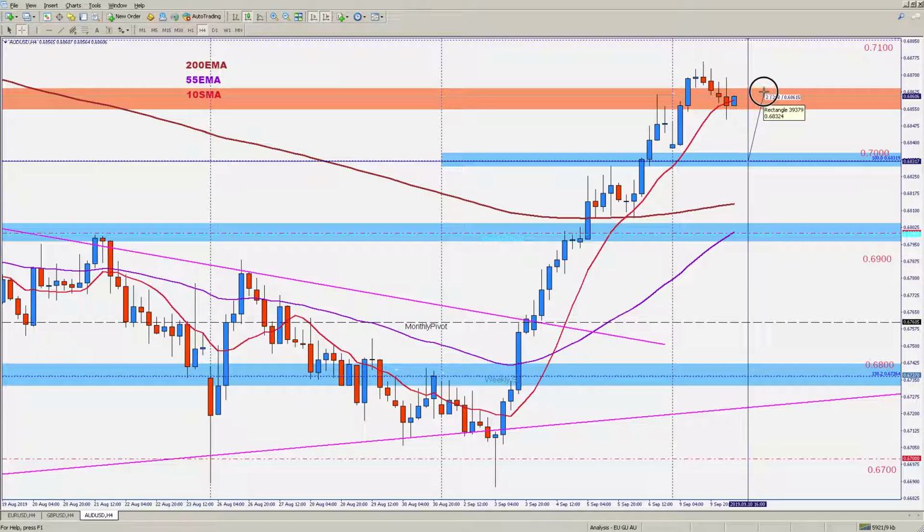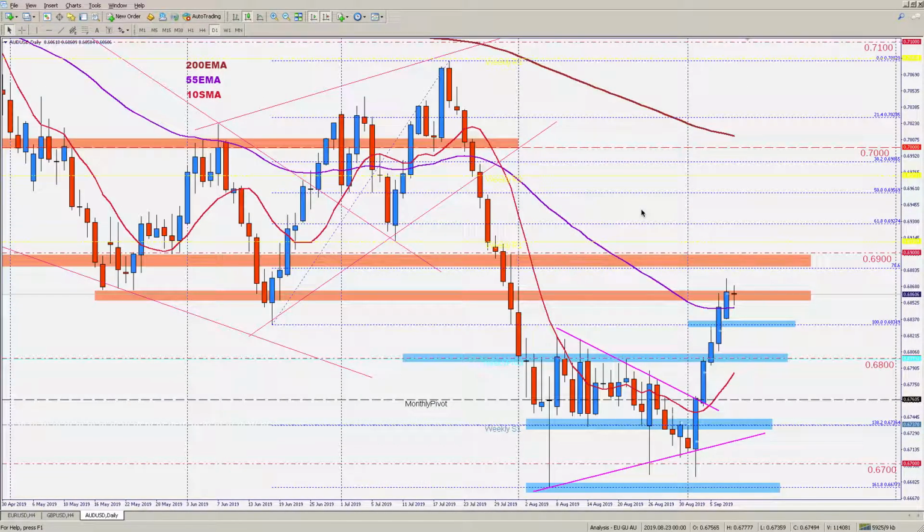So within this range of about 30-40 pips. And there's no news for Australia this week either. So we'll see later on whether it can drive up further to the 78.6 fib retracement level.